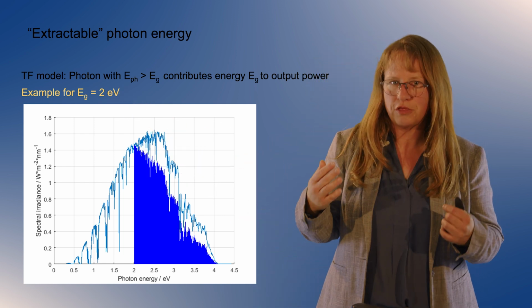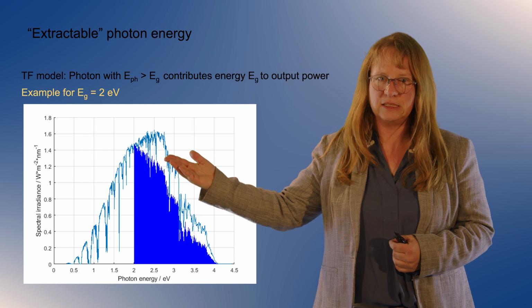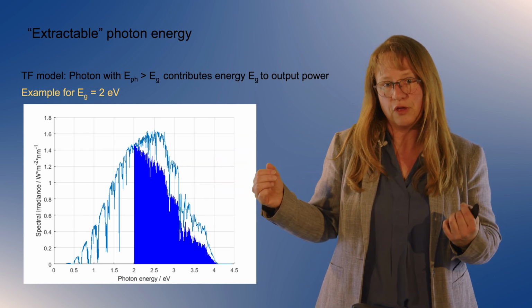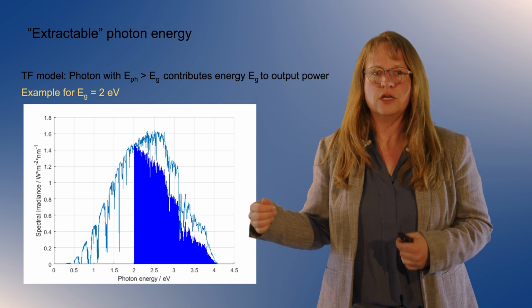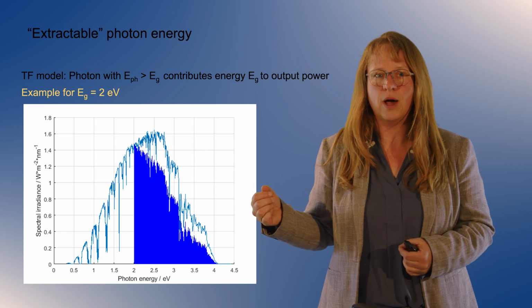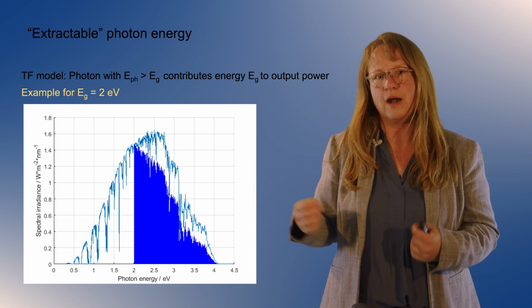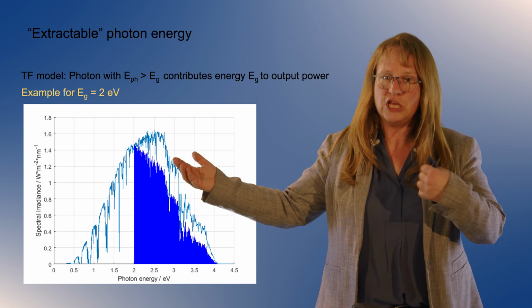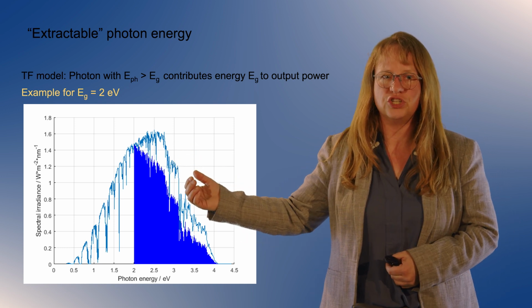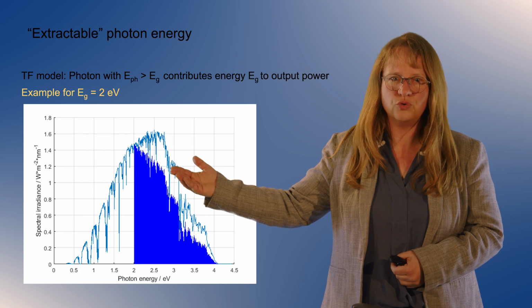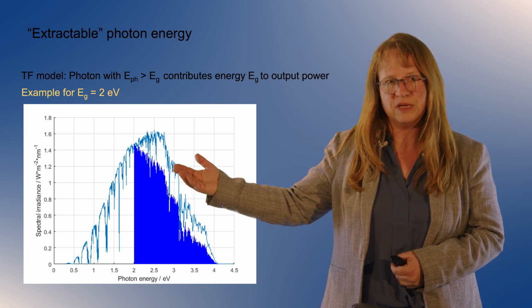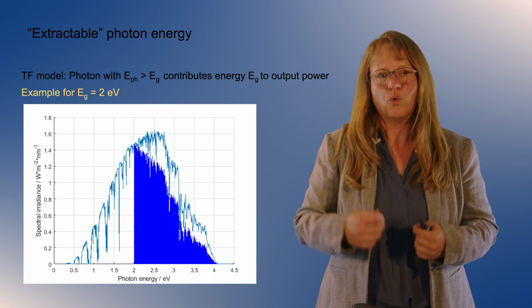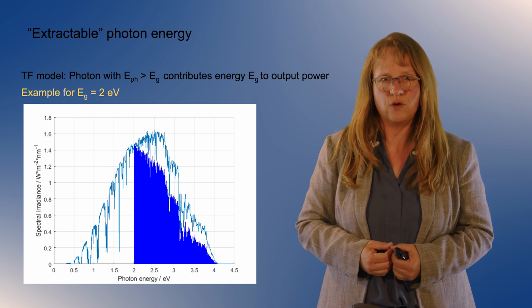That is, 1/3 of the incident power is thermalized, converted to thermal energy, and only 2/3 of the power is available for electricity generation. Therefore, inherently, due to thermalization, of the 1.2 watts per meter squared per nanometer, we can only use something like 0.8 watts per meter squared per nanometer.